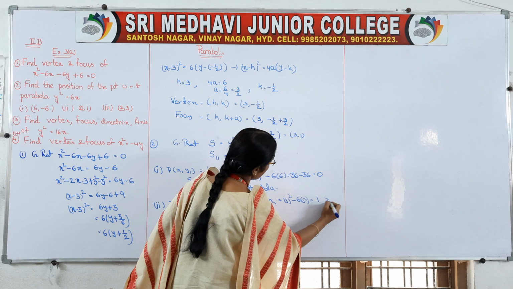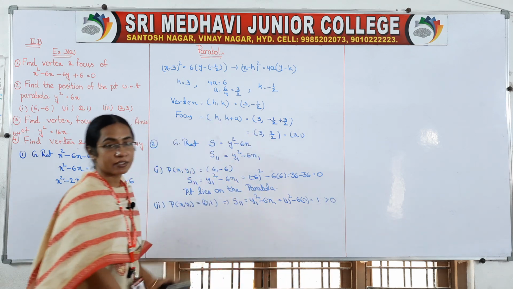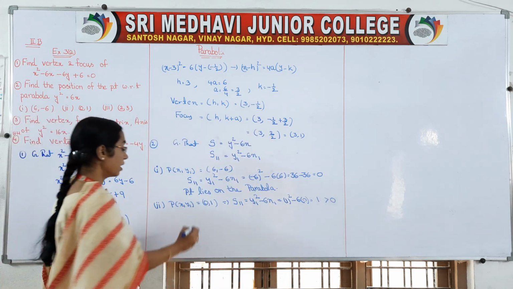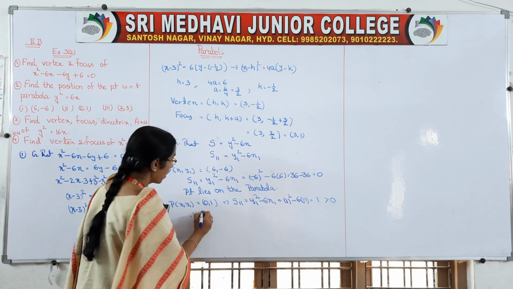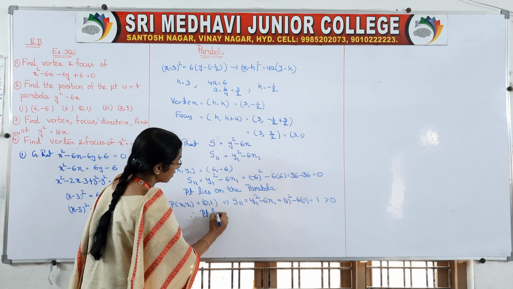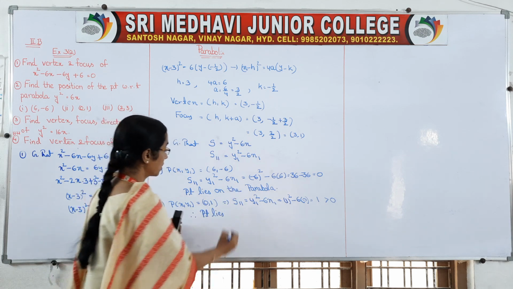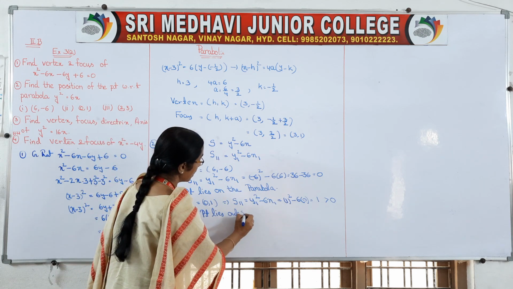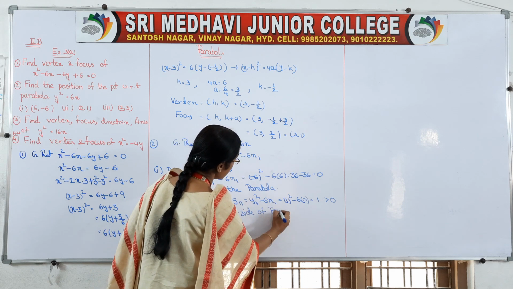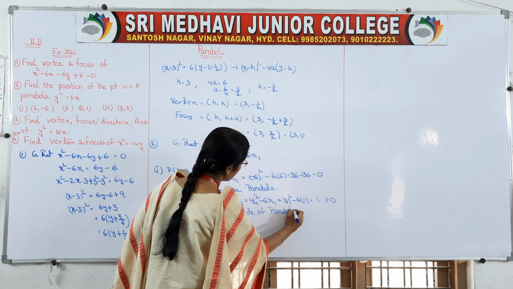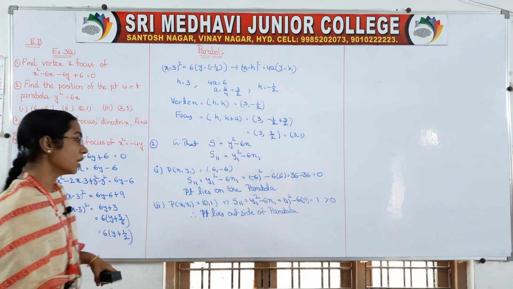So it is 1, it is greater than 0, positive, right? Therefore, whenever S11 is greater than 0, point lies outside of the parabola. Okay, that is the condition. It is just like a formula you have to remember.